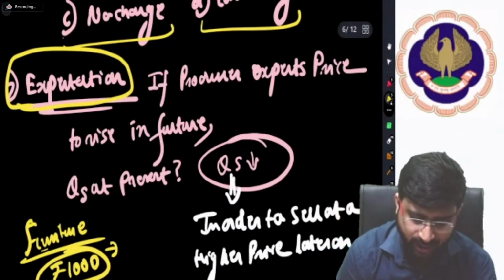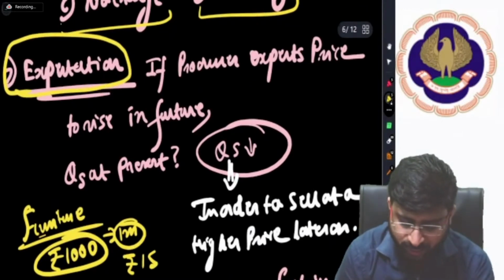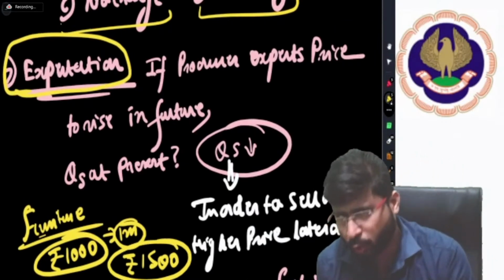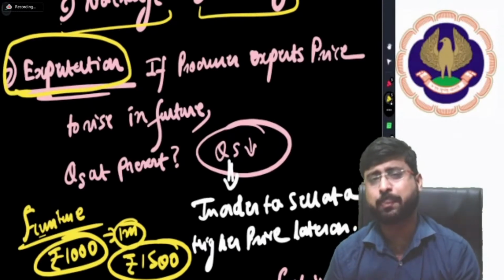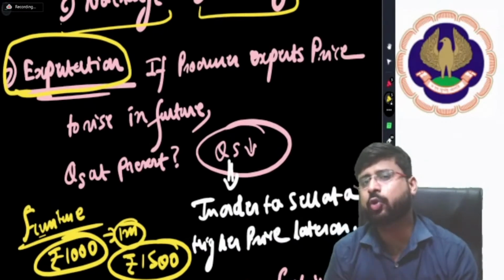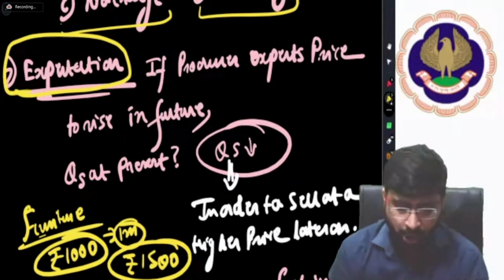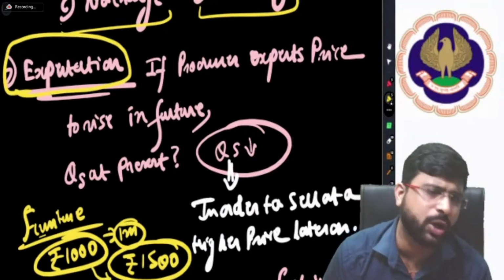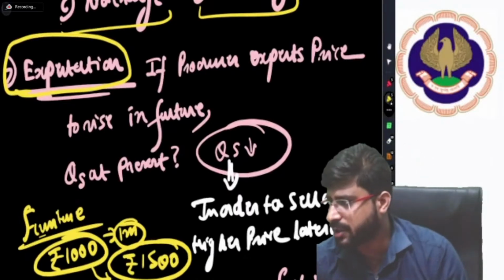But you think that 1 month later, its price will go up to rupees 1,500. So what will you do? Will you supply more today, or will you supply less today? Talk about today, don't talk about tomorrow. Your thinking is that the price of furniture will go up in the future. What do you think you will do?